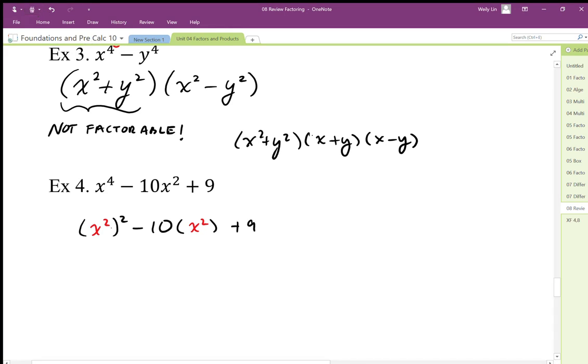If we just ignore the red x squared, we can just think of this as x squared minus 10x plus 9. And we can just factor like this.